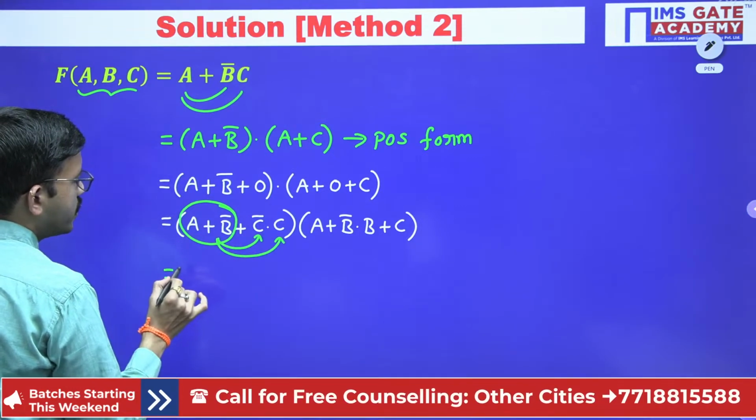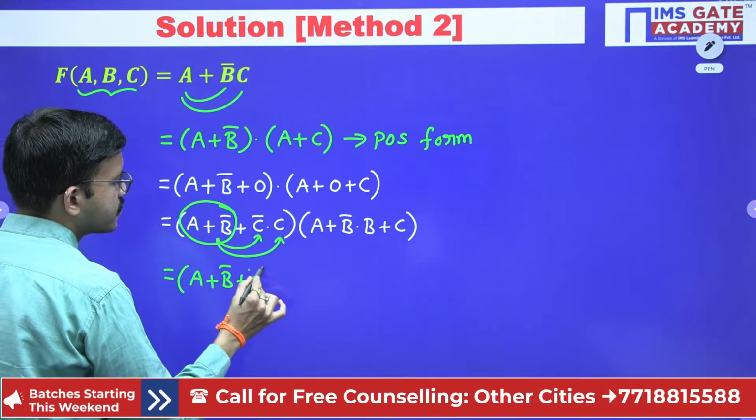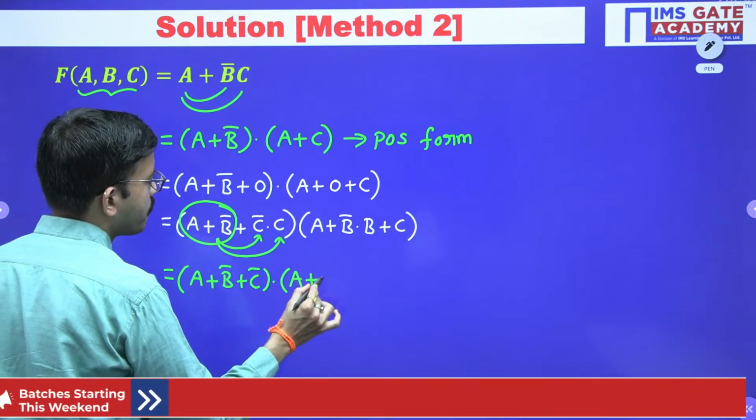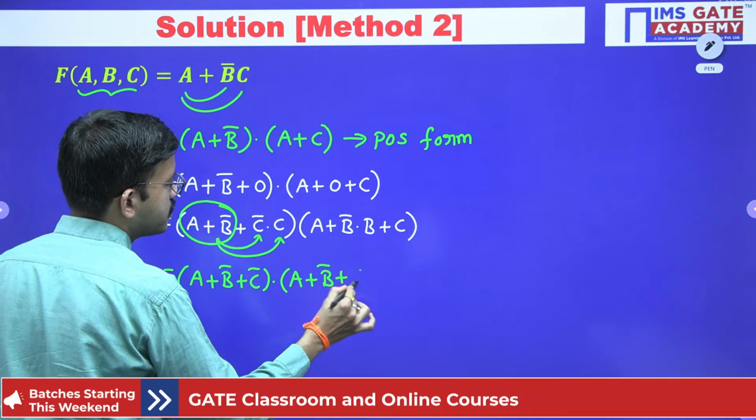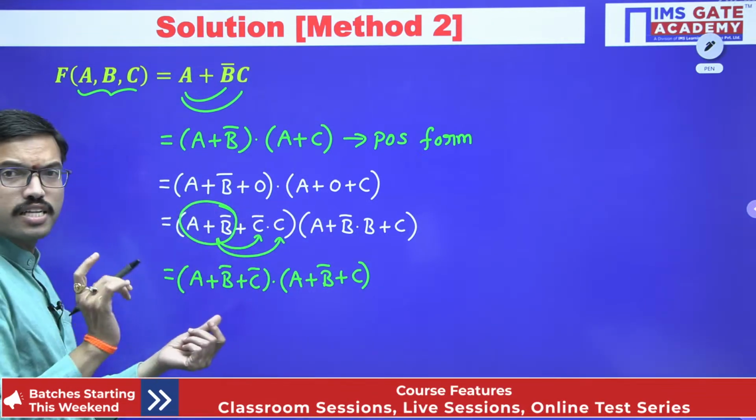Okay, so that means you will get (A + B̄ + C̄)(A + B̄ + C). A + B̄, that entire term you can consider a single variable, x.